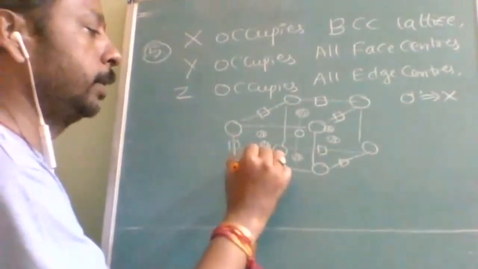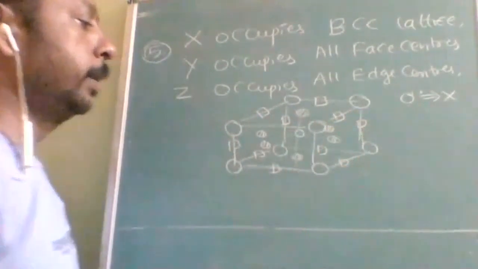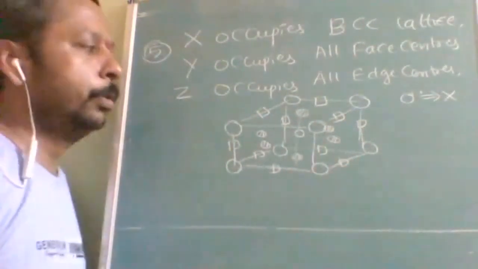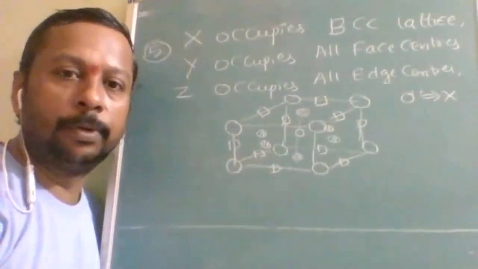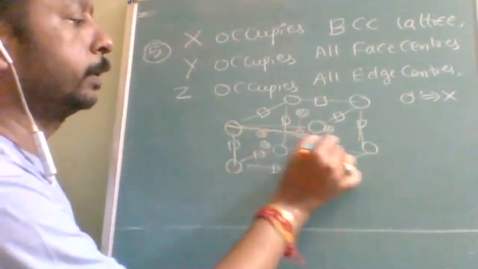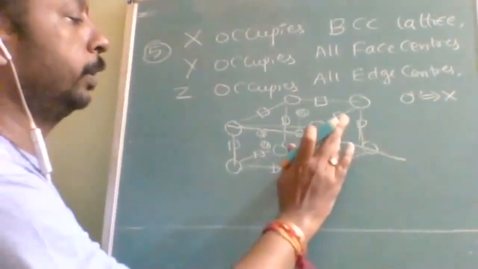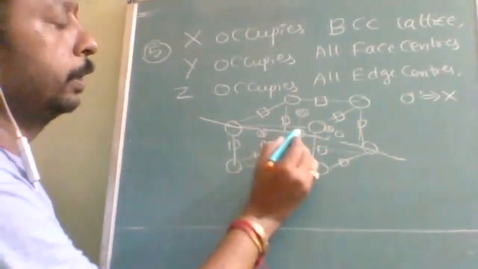How many edge centers will be there? 12 edge centers. Now the question is along one threefold axis. Let me take this threefold axis. When it is traveling, see what is lost here?